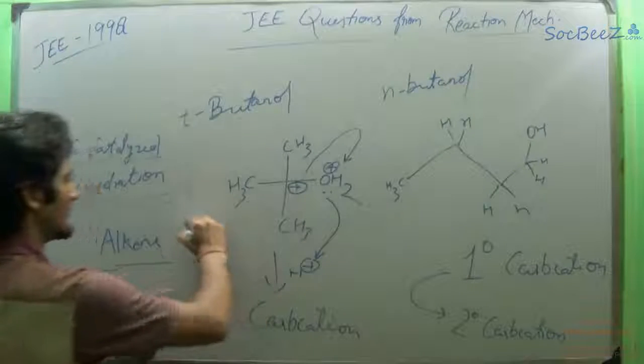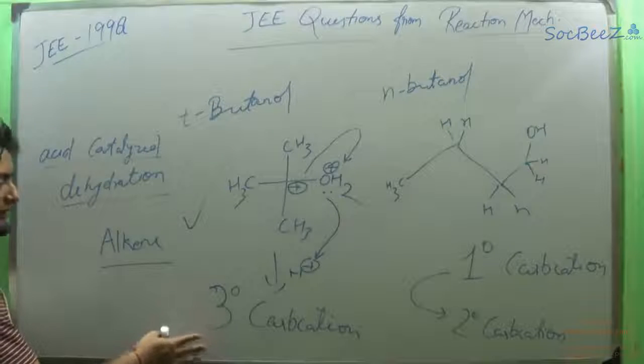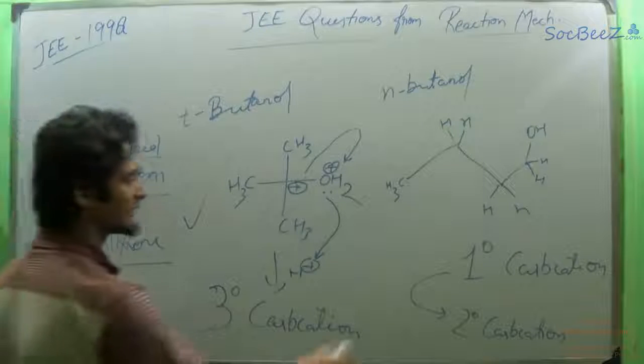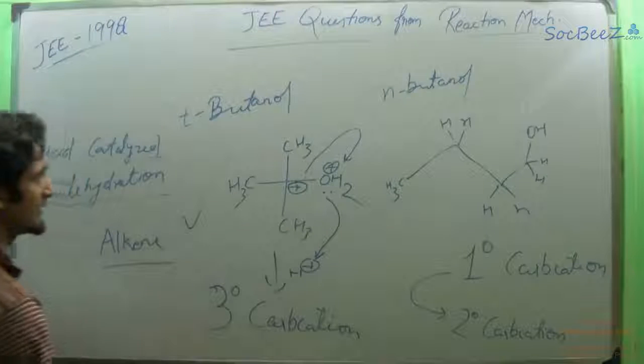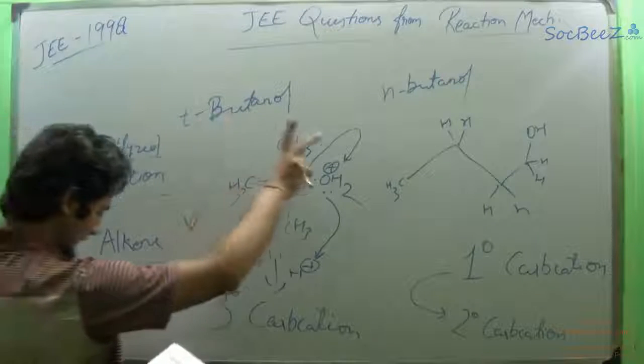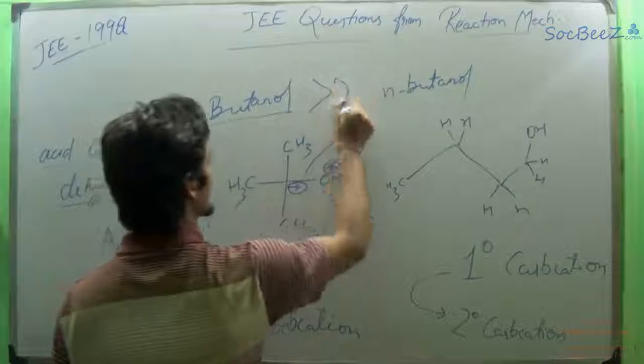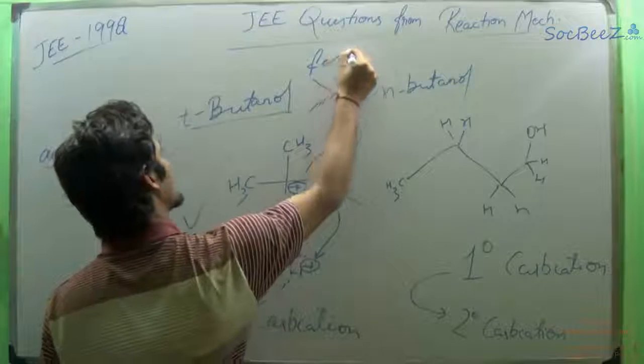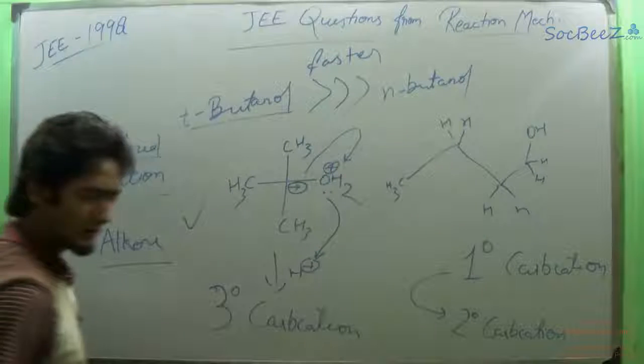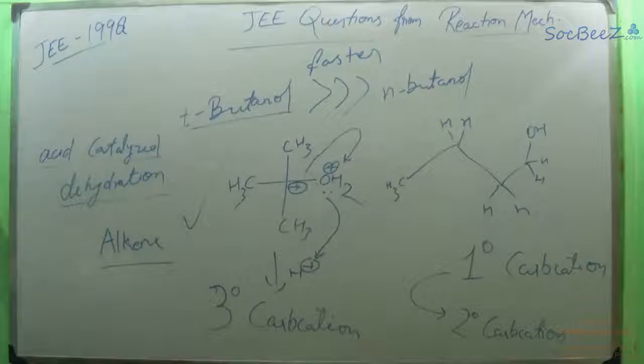So obviously this one will be preferred, since a 3 degree carbocation is much more stable than a 1 degree or a 2 degree carbocation. Hence the acid catalyzed dehydration of tertiary butanol is faster than normal butanol. This is what we have to explain in this question.